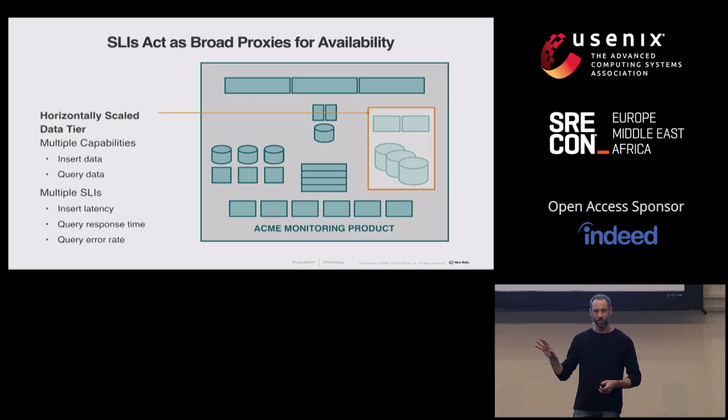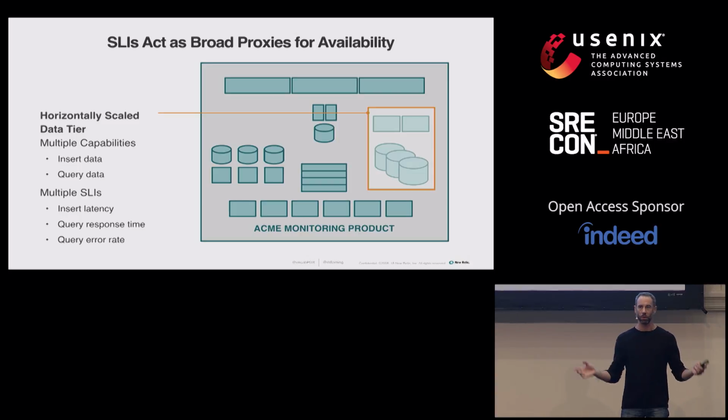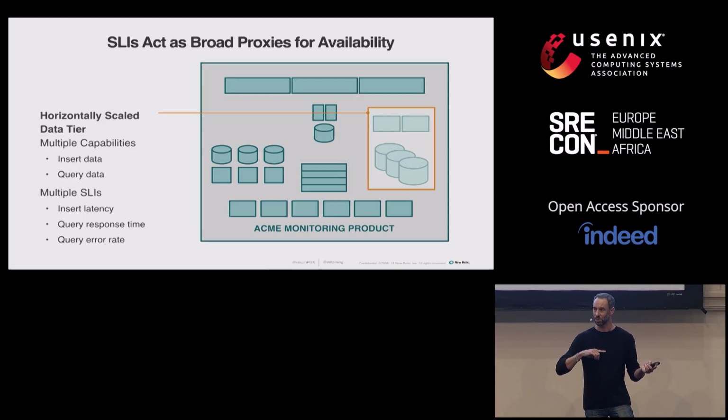But at the level of the boundary SLI and SLO, again, we can really just look at insert latency and our query responses as proxies for all of those types of underlying behavior. So this is a little bit like what Stefan was talking about earlier in his discussion of canaries. We can look at these simple indicators that are proxies for broad categories of behavior under the hood.